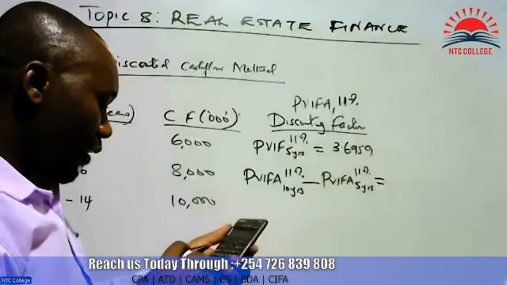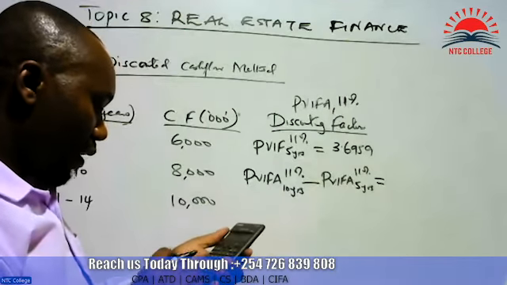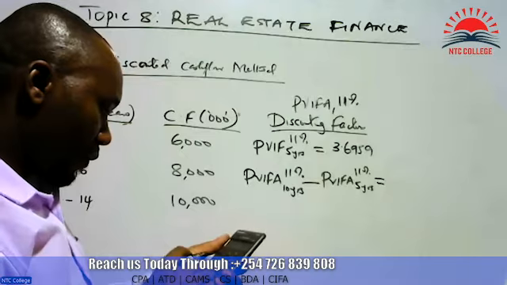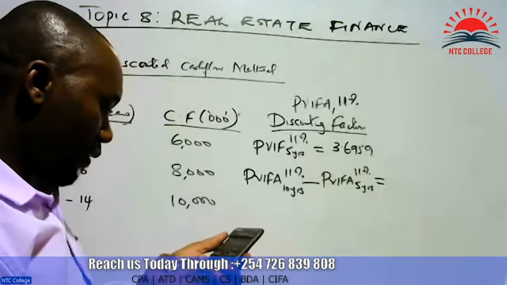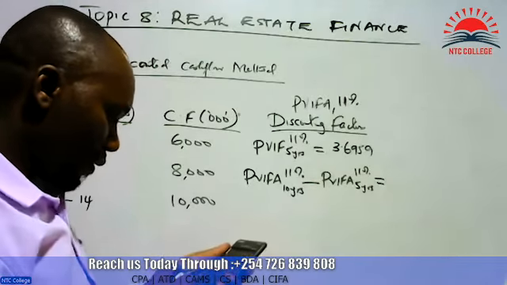You take 1.11 raised to negative 10, then 1 minus the answer, then divide by 0.11.